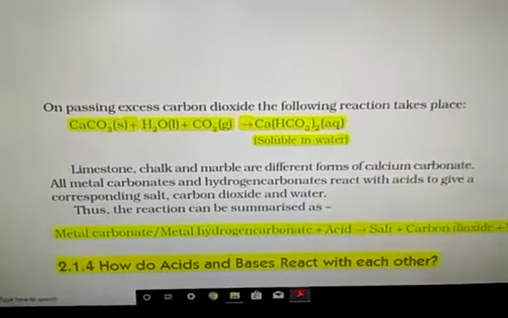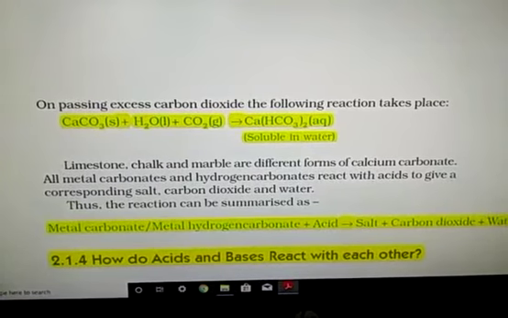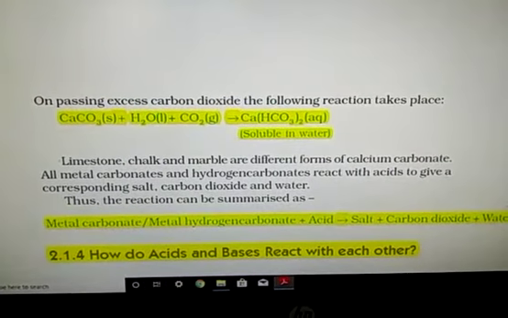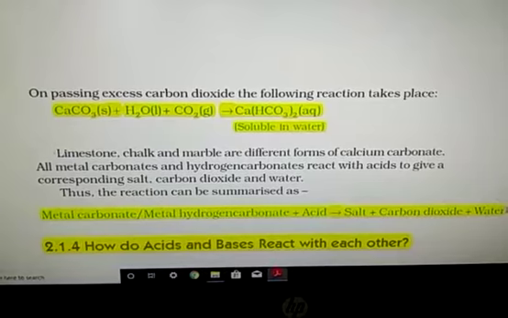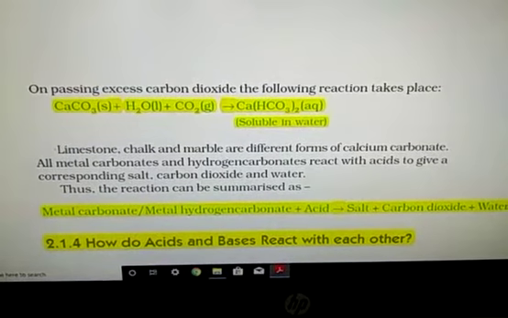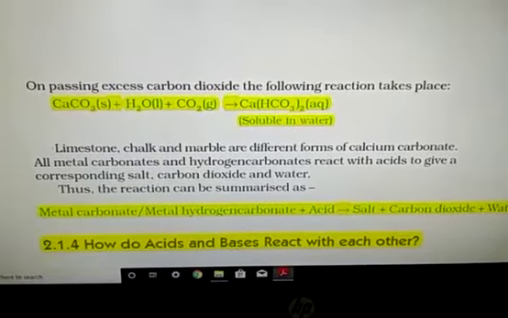On passing excess carbon dioxide, the following reaction takes place: CaCO3 plus H2O plus CO2 changes into Ca(HCO3)2, which is soluble in water. That is, it is a combination reaction.